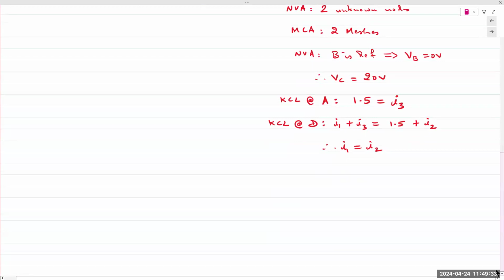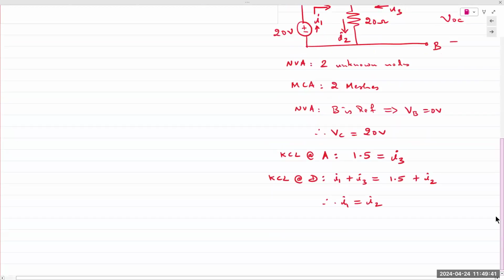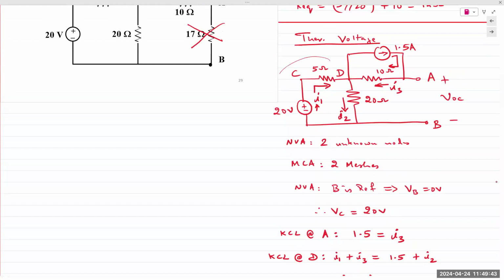Apply Ohm's law and express each branch current in terms of the node voltages. So I1 is equal to the difference between C and D divided by 5. Because I chose my direction of the current as coming from left to right, tail end would be higher, right? Current flows from plus to minus.